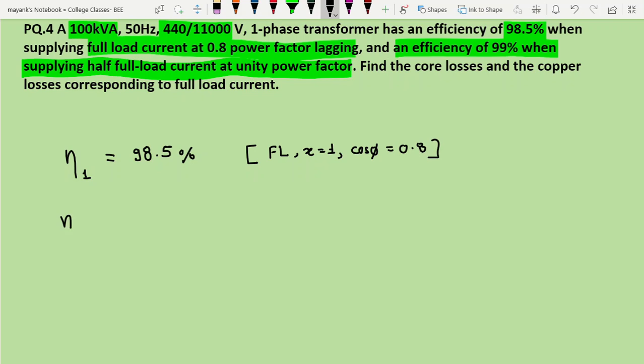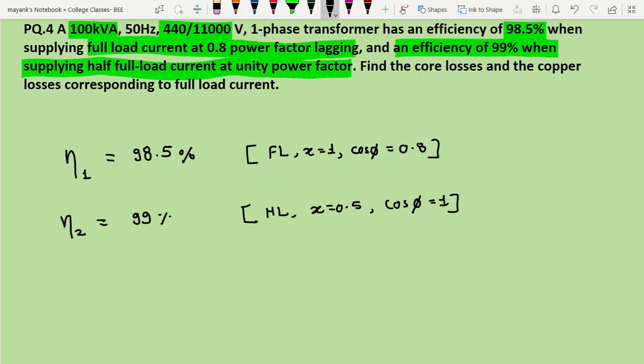Okay, now efficiency 2 is given which is 99%, very high. Okay, and it is at half full load. Half full load, that means x will be equal to 0.5 and power factor is unity, that means cos phi is 1.